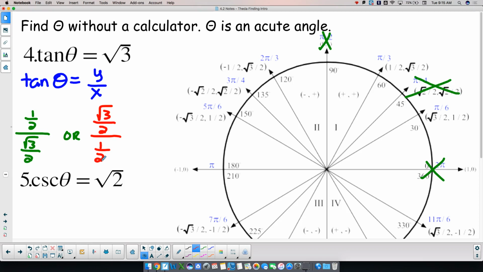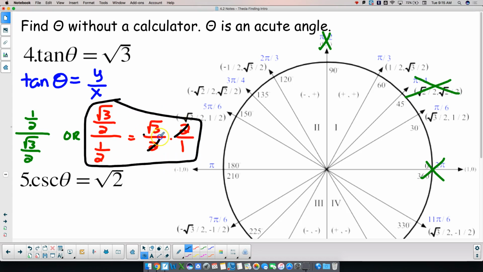If I simplify those two fractions, I would flip the bottom one and then I can cancel out, and it's this one that's going to give me just the square root of 3. So I need my y value to be the square root of 3 over 2. I need my x value to be 1/2. That puts me here at pi over 3.